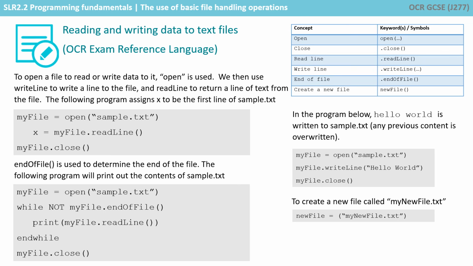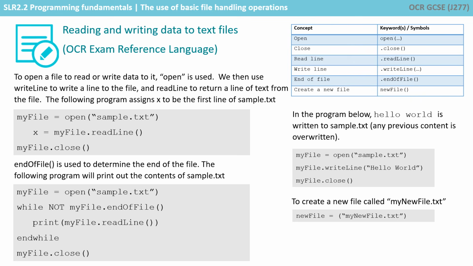One thing to notice that is quite different to Python and indeed many other languages is how OCR will represent the concept of opening a file. You can see in the table in the top right, it's the word open followed by brackets, and in the brackets you just supply a file name. Simple as that. In Python, we supplied the file name plus another parameter that said whether you were reading, writing or appending to the file.